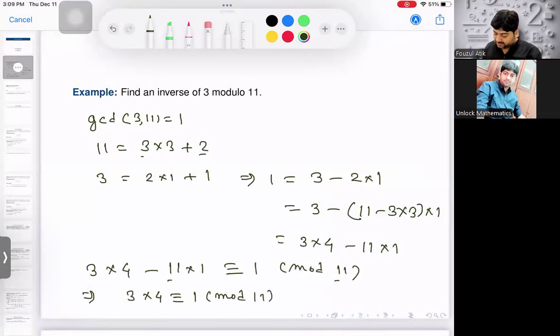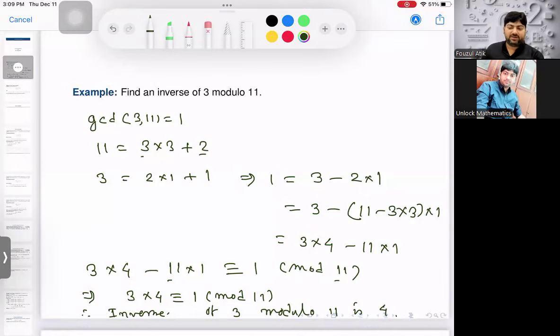And from there I get the final answer: the inverse of 3 modulo 11 is 4. Therefore, the inverse of 3 modulo 11 is 4, because 3 into 4 is 12, minus 1 is 0 modulo 11. So in this way, we can find the inverse of some integer under a modulus.